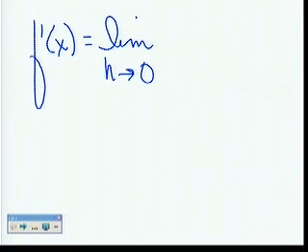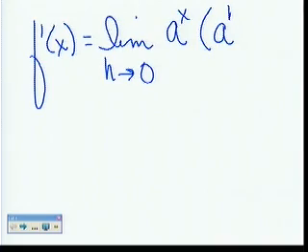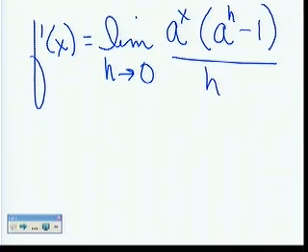All right, so back on the prior screen, we had an a to the x in both terms of the numerator. So we'll factor out a to the x. The nice thing about having factored that out is that a to the x is unaffected by h approaching 0.